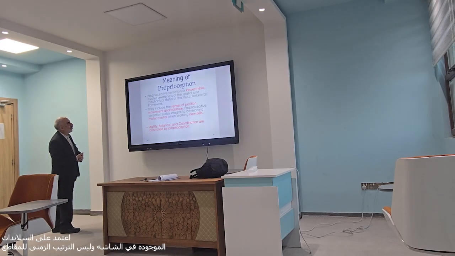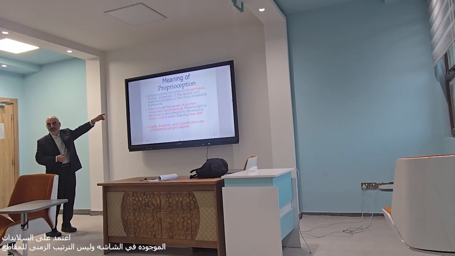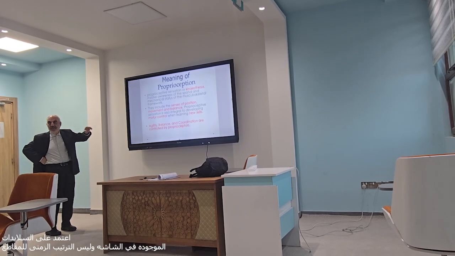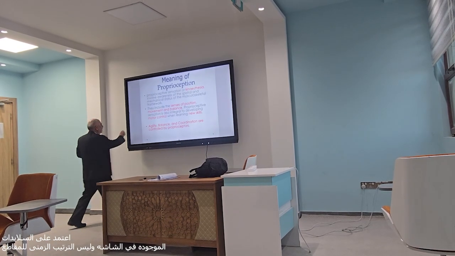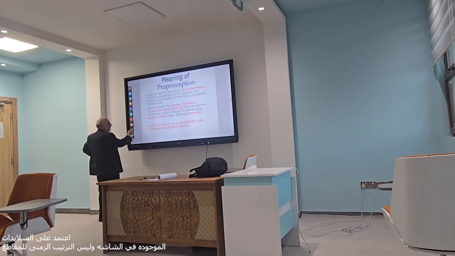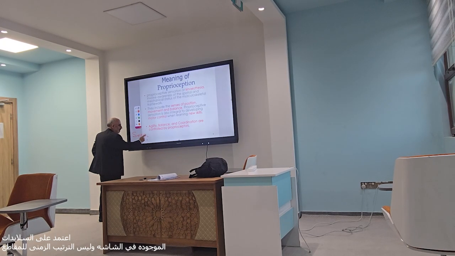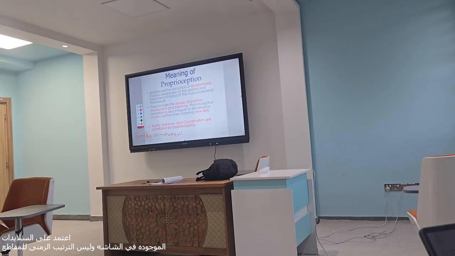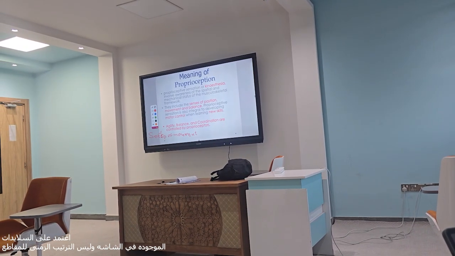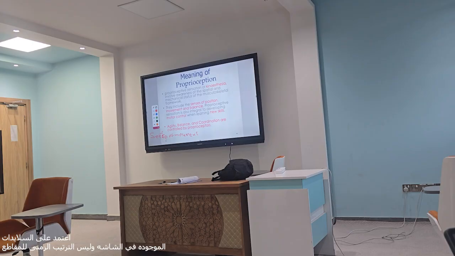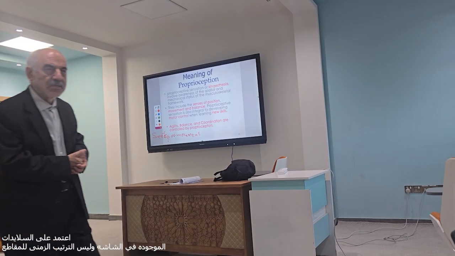And also the proprioception is kinesthesia. Sometimes the proprioception means sense of movement. You have a good sense of movement or kinesthesia. Kinesthesia is very important because some patients have problems with this kinesthesia.